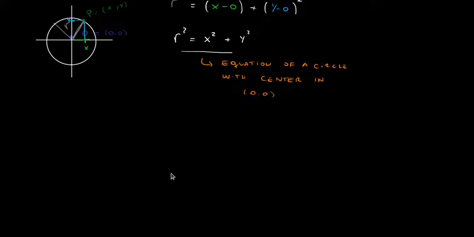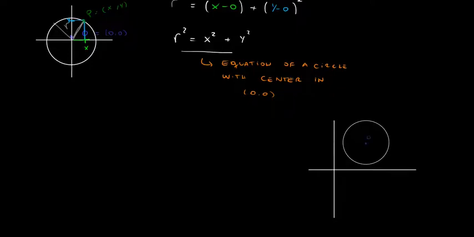Let's see what happens now when the circle is not centered in the 0, 0. So let's assume we have a circle here with origin O that has coordinates h, k. Now let's take a point here, P, with coordinates x, y.